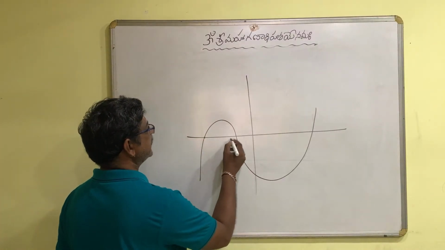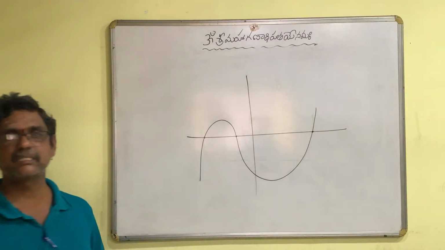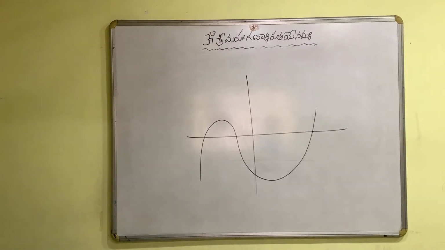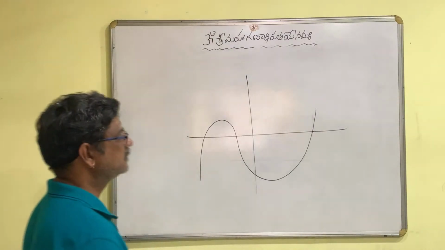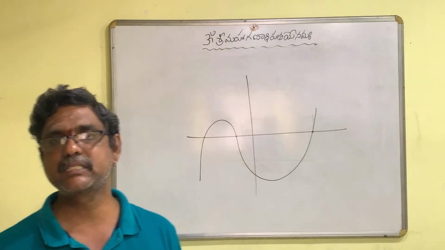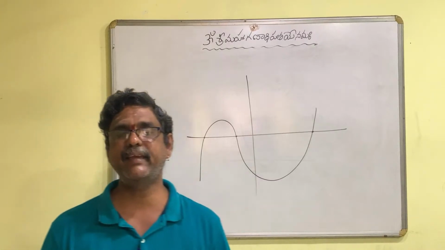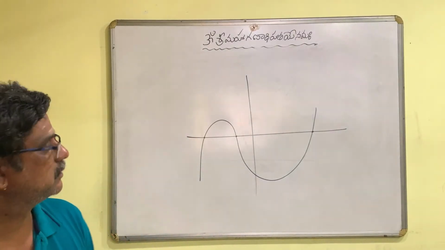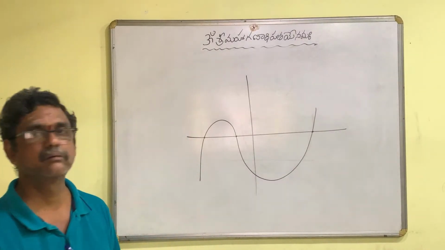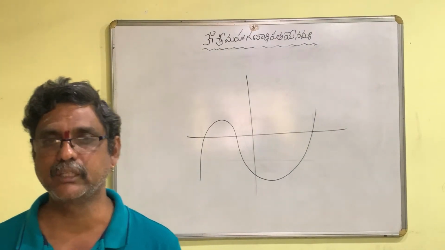The graph intersects the x-axis at exactly 3 points. So this graph is having three zeros or 3 solutions.